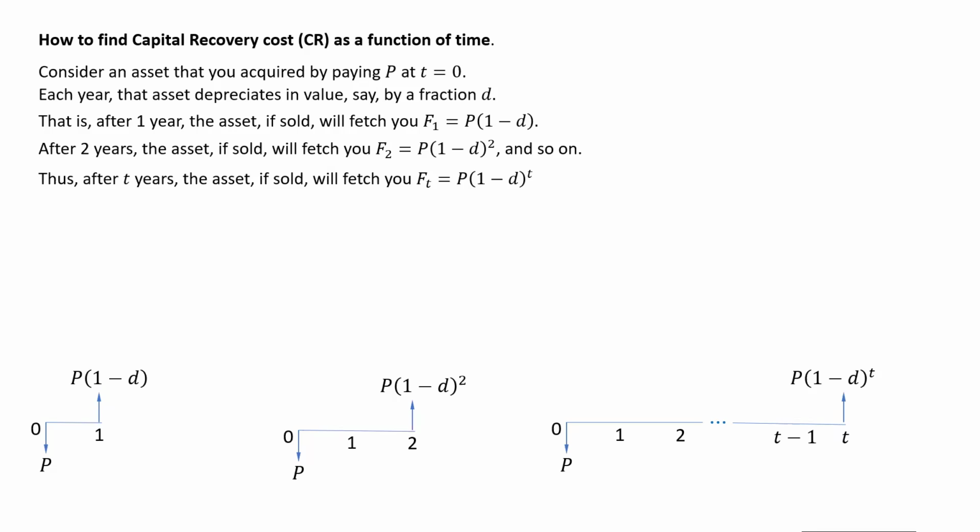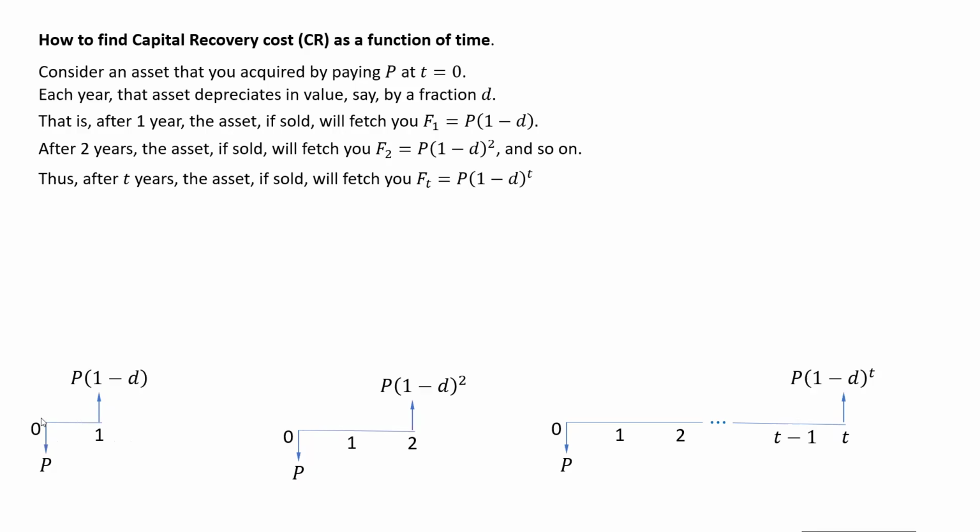The time value of money concept. What's the difference? How much did you lose? 100,000 was at the beginning of the year. Now it is 1 year later, it is 90,000. So 100,000 minus 90,000. No, you cannot do that. You need to find the value of that P times 1 minus D at T equals 0.